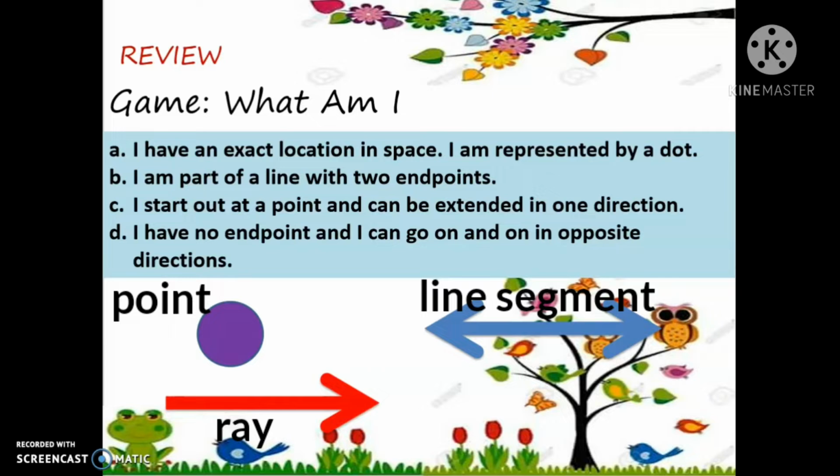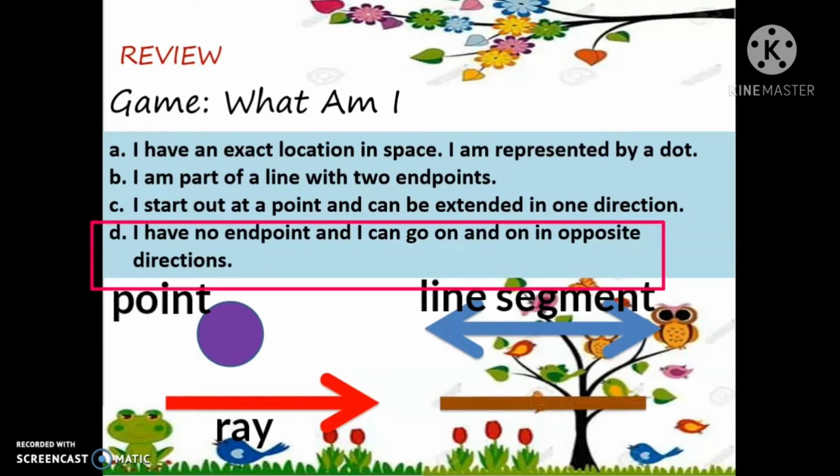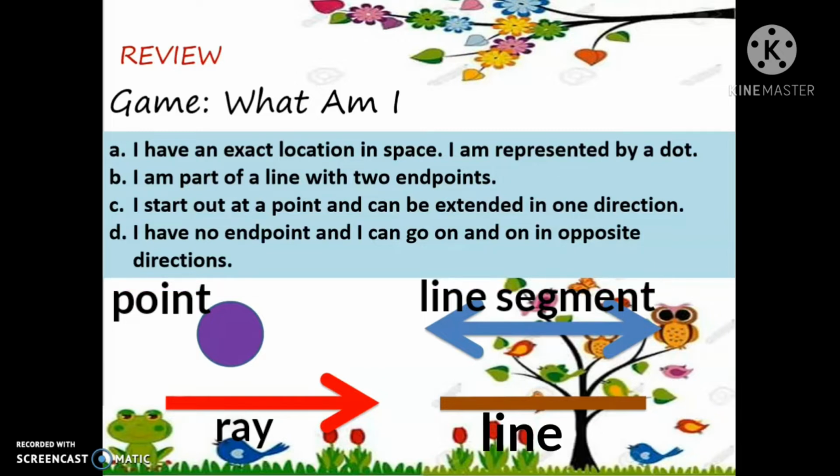Correct. The answer is ray. And for letter D, I have no endpoint and I can go on and on in opposite directions. Correct. The answer is line.